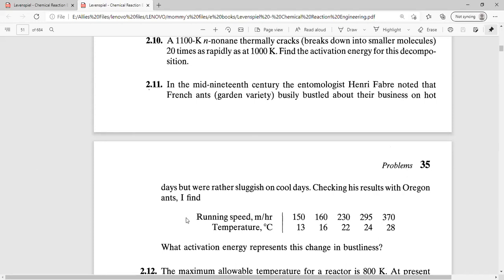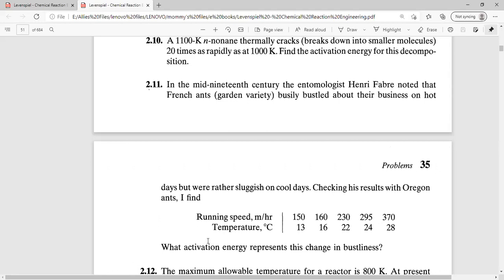How do you understand this? How do you think you should be able to find the E, the activation energy, for these ants? You're given the running speed in meters per hour against the temperature at a particular time of day. Anybody who has an idea?